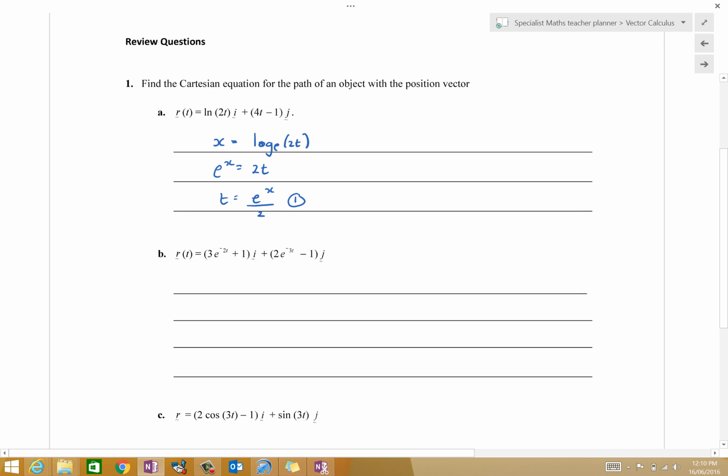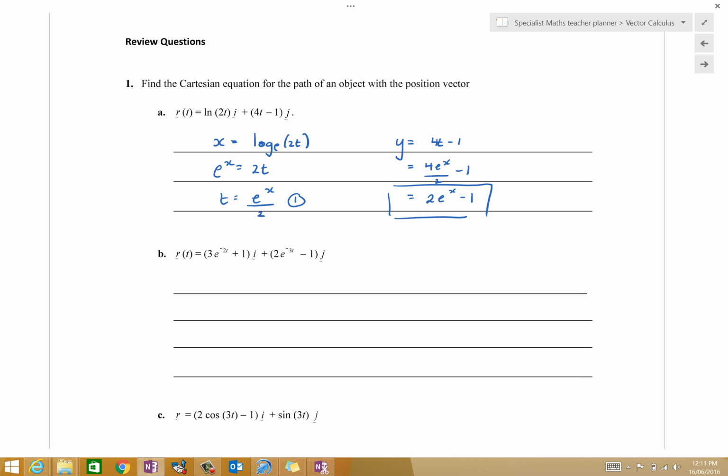Now, if t is equal to e to the x over 2, I've got an equation y which is equal to 4t minus 1. Since I have my expression for t, I'm just going to put that in: 4 times e to the x over 2, minus 1. So therefore, I now have my Cartesian equation, in y and x.